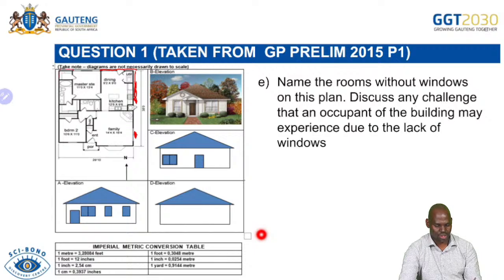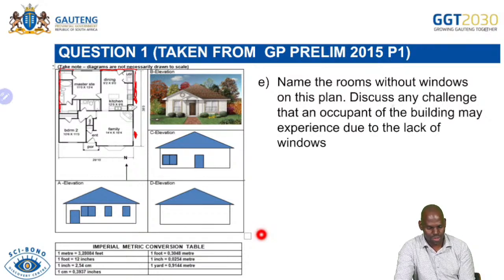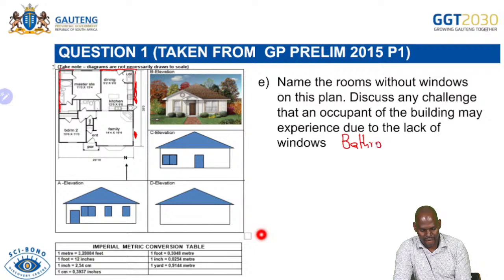But on this side, there's the bathroom, and there's no window in the bathroom, and also none in the kitchen or the dining room. So name the rooms: this one will be the bathroom and the dining room or kitchen.